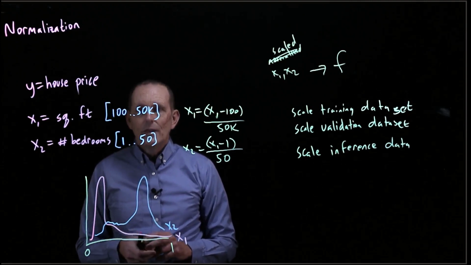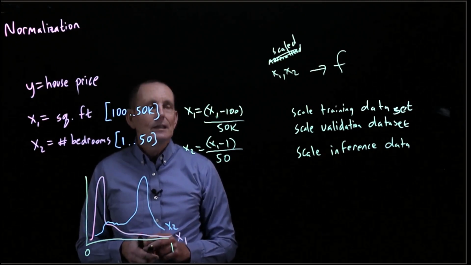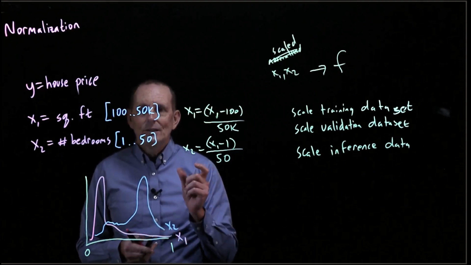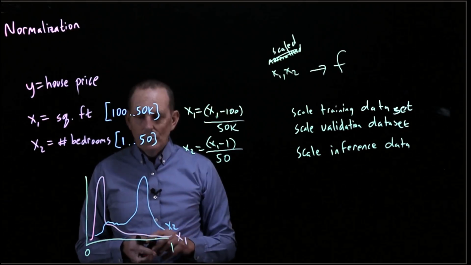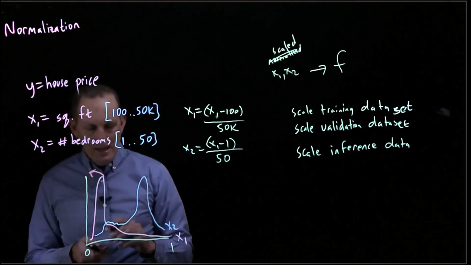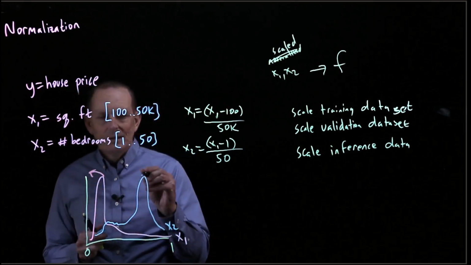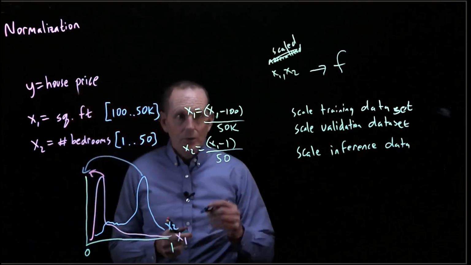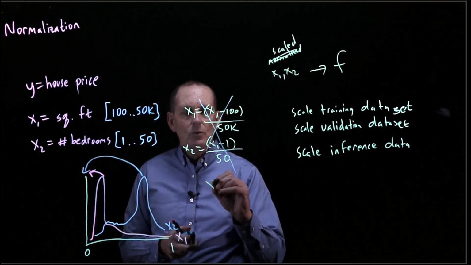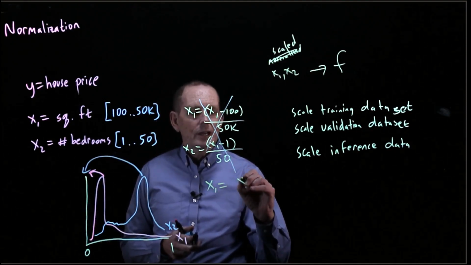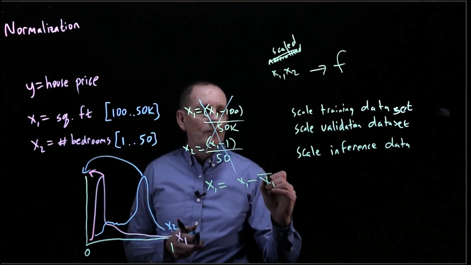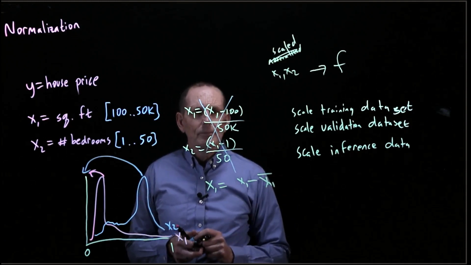And so the way we could do that is to zero out the mean. So we're going to move this over, and we're no longer going to use this code. Instead, we're going to say x1 is going to equal x1 minus x1 bar, that is the mean of all the values in the training set for x1.